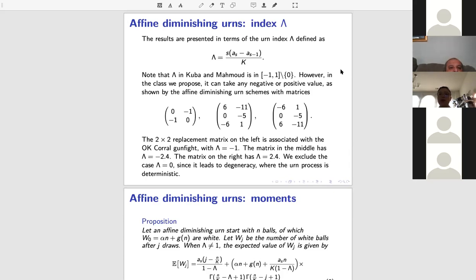But in our class, this can take any negative or positive value. For example, we have the following three matrices. The left one, which is the well-known OK Corral Erg, has Erg index -1. The middle scheme has Erg index of -2.4, and the right one has Erg index of 2.4.